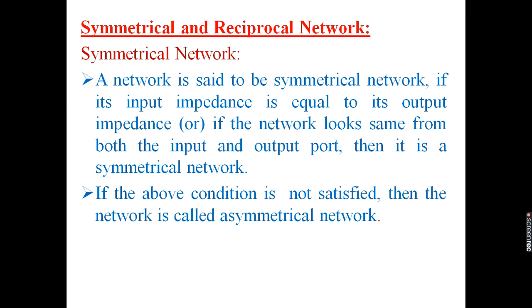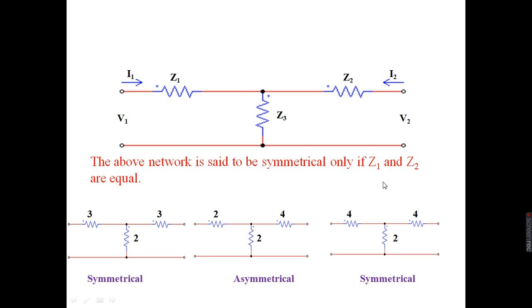Okay, so we'll see with an example how we can identify whether it is a symmetrical or asymmetrical network. So I have shown here a two-port network, a T section, T model. You can see here, this is your input port V1 I1, and this is your output port V2 I2, port 1 and port 2, and you can see here impedance Z1, Z2 and Z3 is given.